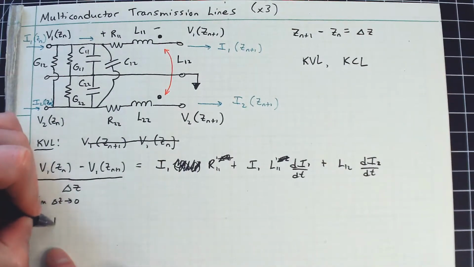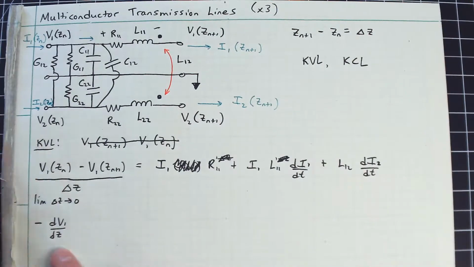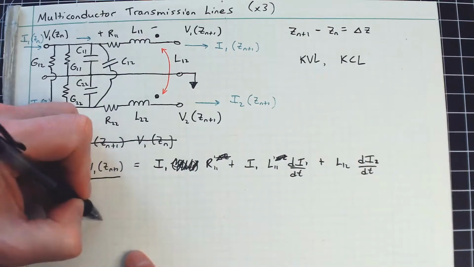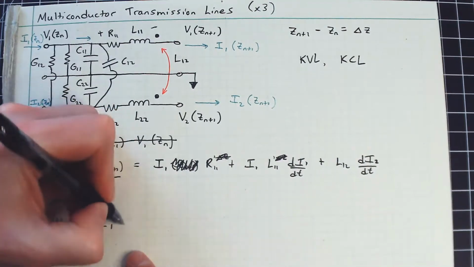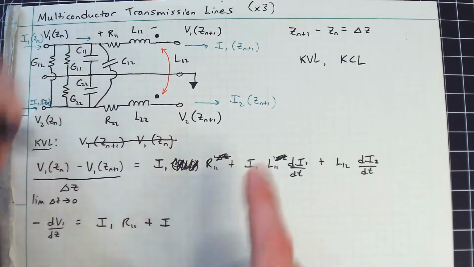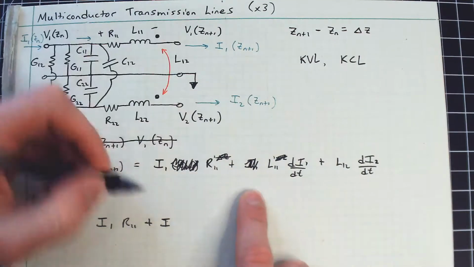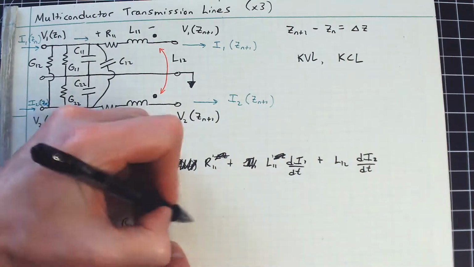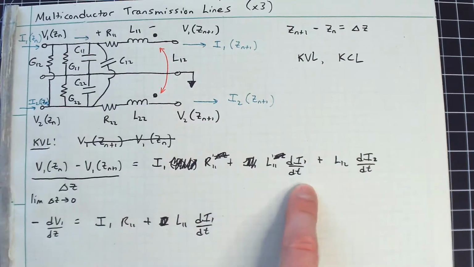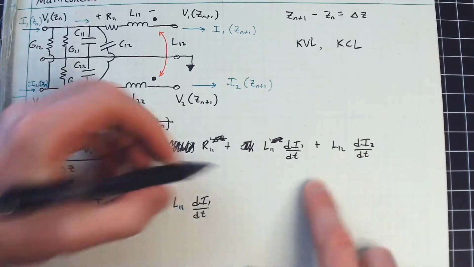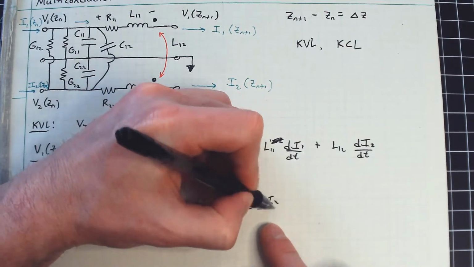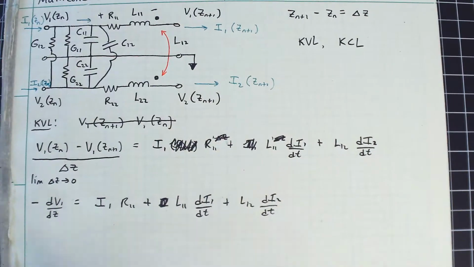So you get negative dv1/dz is equal to I1 times R11 plus, excuse me, I made a mistake here, L11 di1/dt. Sorry about that. And then I'll get a plus L12 di2/dt here. So that's a little more cleaned up.